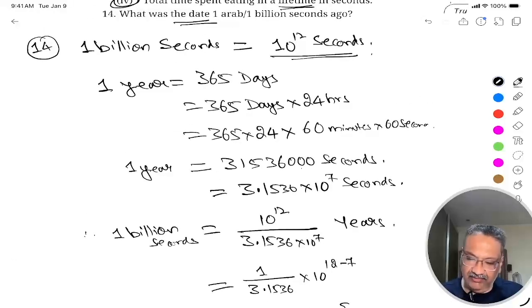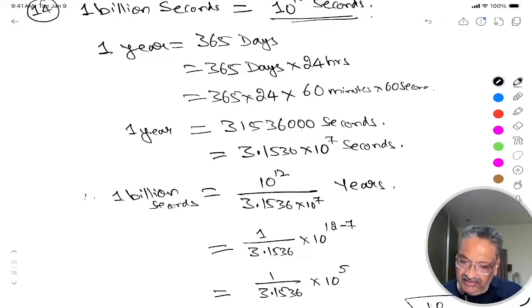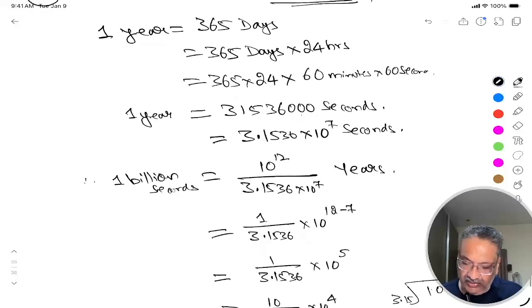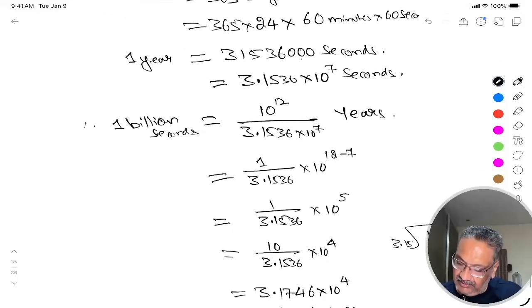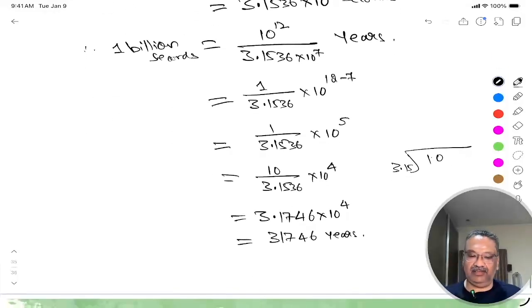We get 365 days in a year into 24 hours into 3600, which is 31,536,000 seconds. For one year there are this many seconds. So 1 billion seconds is 10 to the power of 12 divided by 10 to the power of 7. Okay, so this many years, this is just a mere calculation they have done.